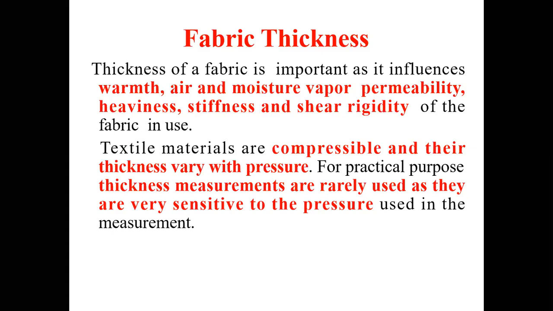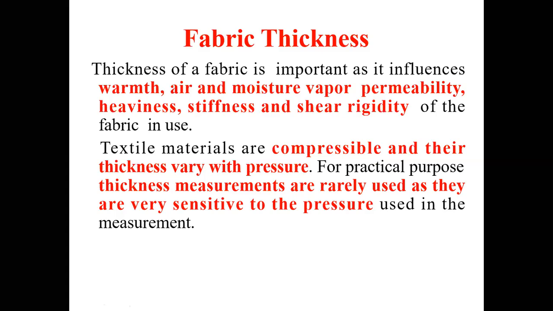Now, one thing, that is, textile material is very compressible in nature. That means its thickness will always vary with respect to pressure. That means if we apply more pressure, the textile material will be compressed and it will show less thickness.